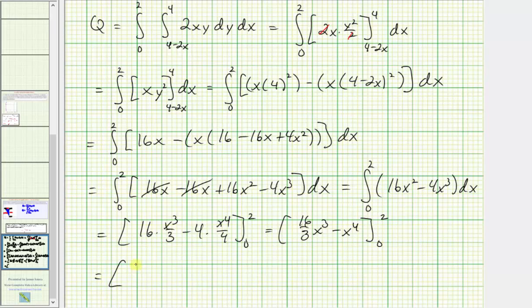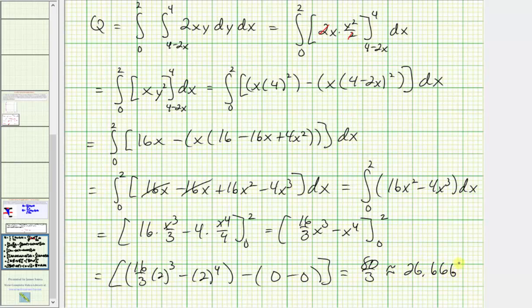So when x is 2, we have 16 thirds times 2 to the third minus 2 to the fourth, and then minus, notice when x is 0, these will both be 0. And this difference here comes out to 80 thirds, which would be approximately 26.6667. Again, this is charge, so this would be coulombs.